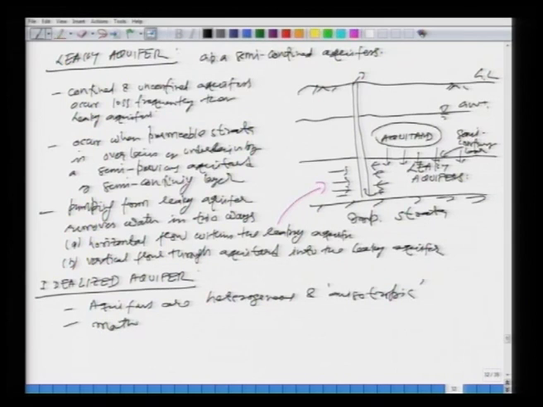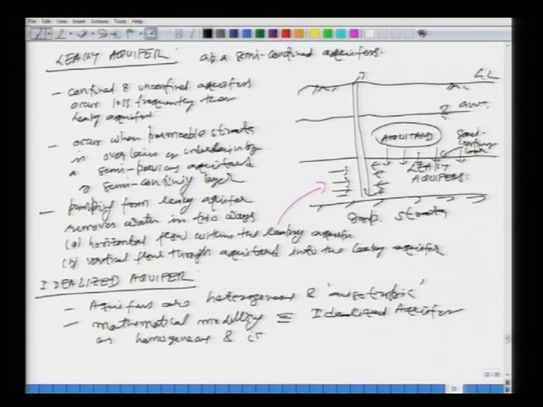So, the mathematical modeling is difficult. So, what we do is we idealize, or we use the idealized aquifer as homogeneous and isotropic. So, we are kind of disregarding those most of the time.